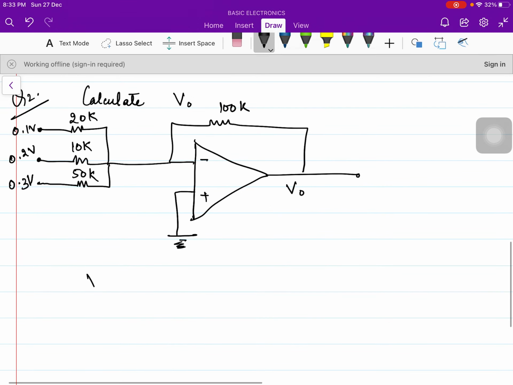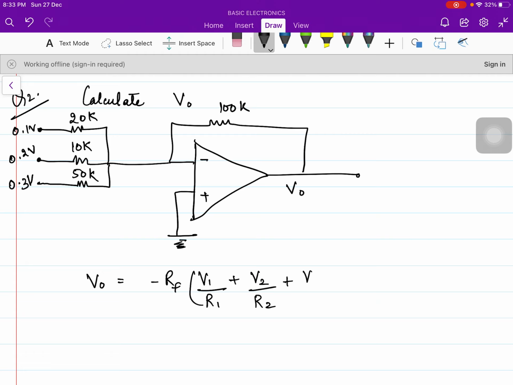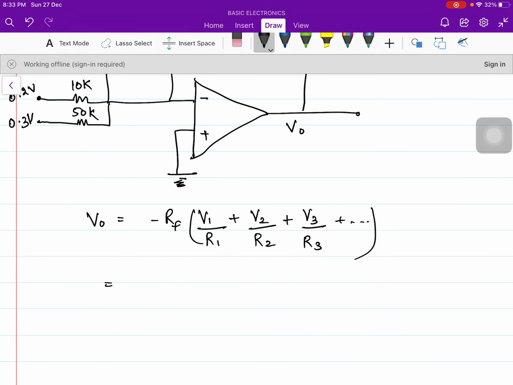Non-inverting terminal is grounded. Again we will apply V0 equals minus RF times V1 upon R1 plus V2 upon R2 plus V3 upon R3 and so on.